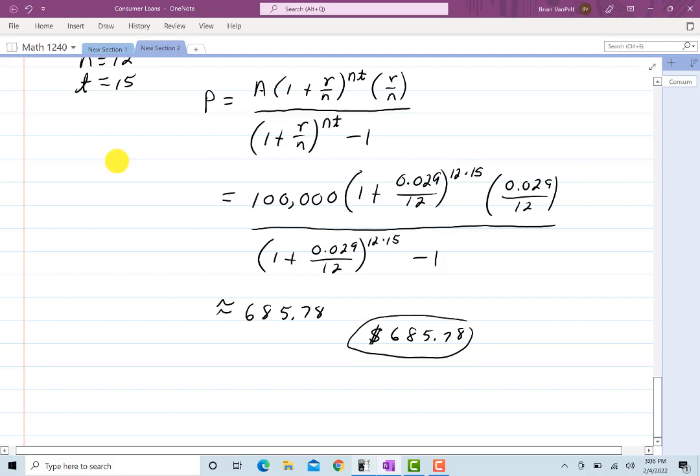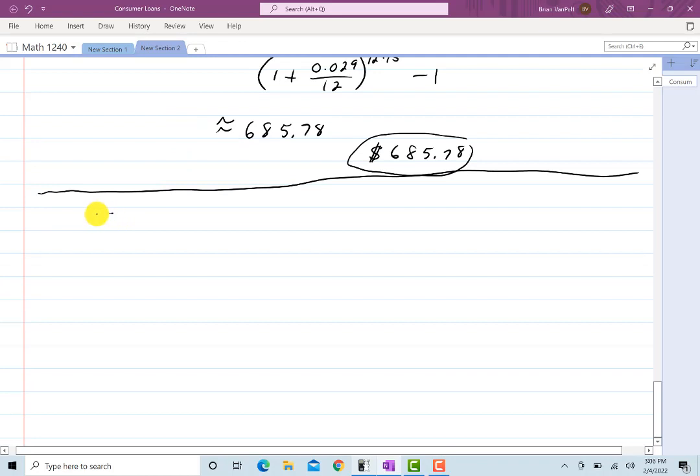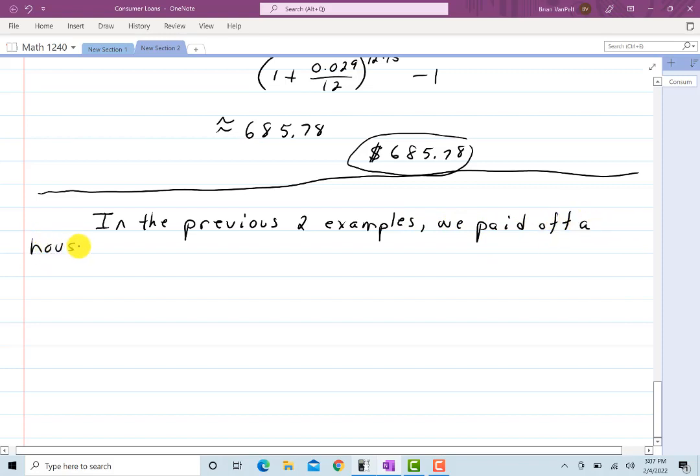There's also a little bit more. In these 2 previous examples, look at the total amount that you paid for the house. In the previous 2 examples, we paid off a house in 30 years and then in 15 years, to make a comparison.